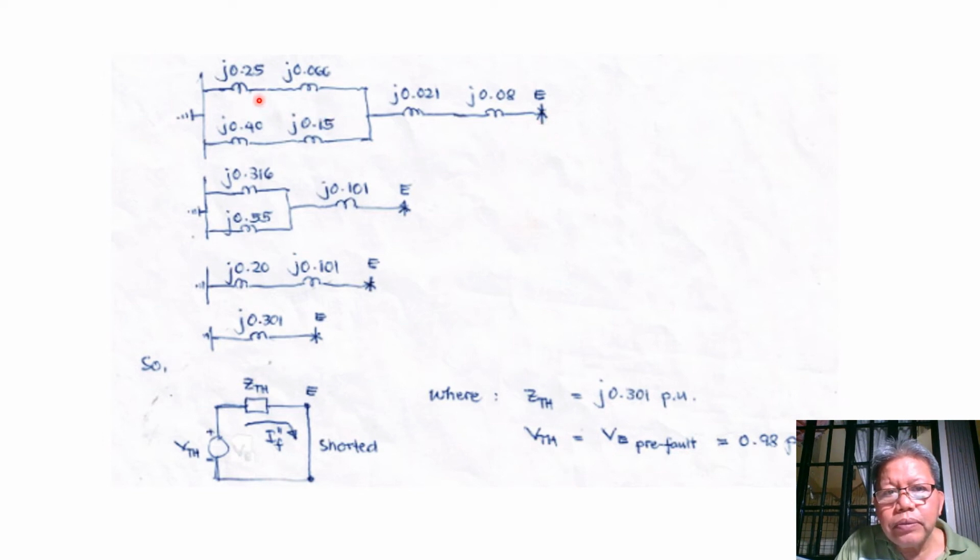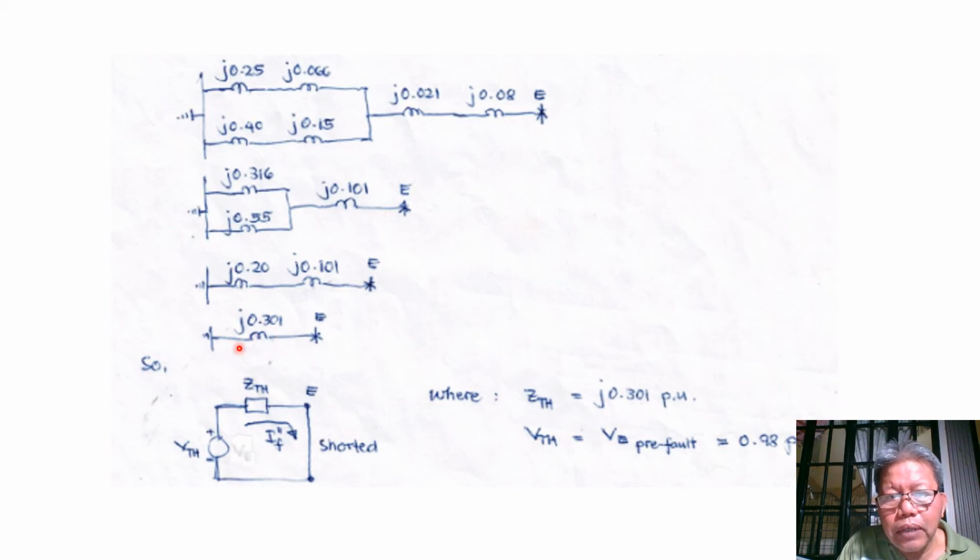Now we combine this, and this is equal to 0.316. We combine this and we have 0.55, and we combine this, so we have 0.101. Now these two are in parallel, so the value is equal to j0.20, and this one you have still that, and these two are now in series, and we can combine this together, and the total is now j0.301.